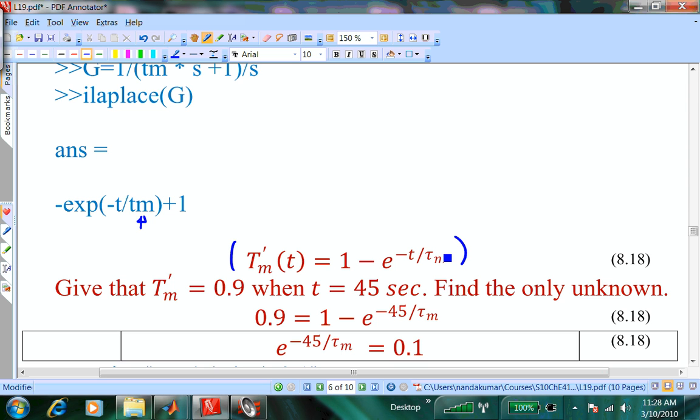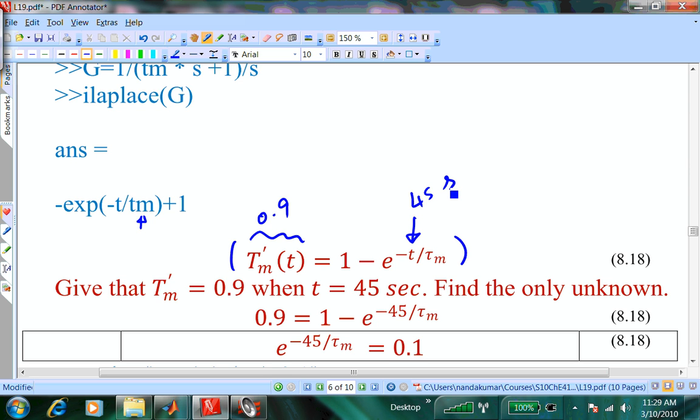What am I given in this case? You have to figure out from the problem statement. The problem statement says that in 45 seconds it goes to 90%. So what would Tm prime be? 0.9, 90%. If I put a 1 degree Celsius step change, it is going to go up to 0.9 when t is 45 seconds.